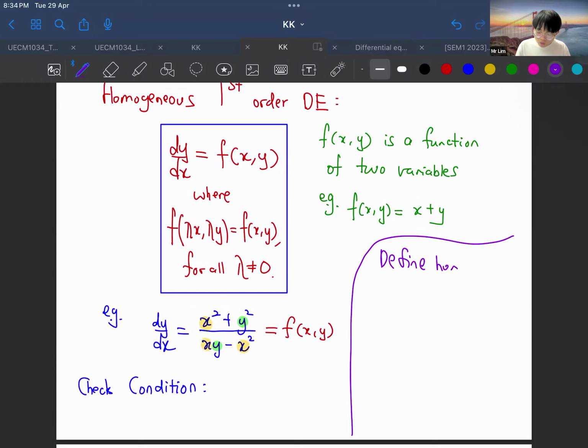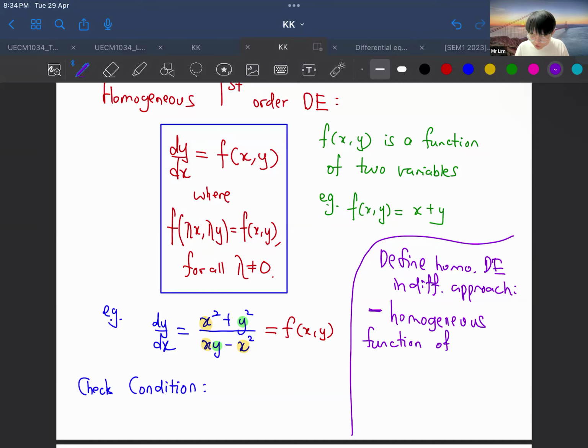First, they introduce what is called a homogeneous function of degree k.